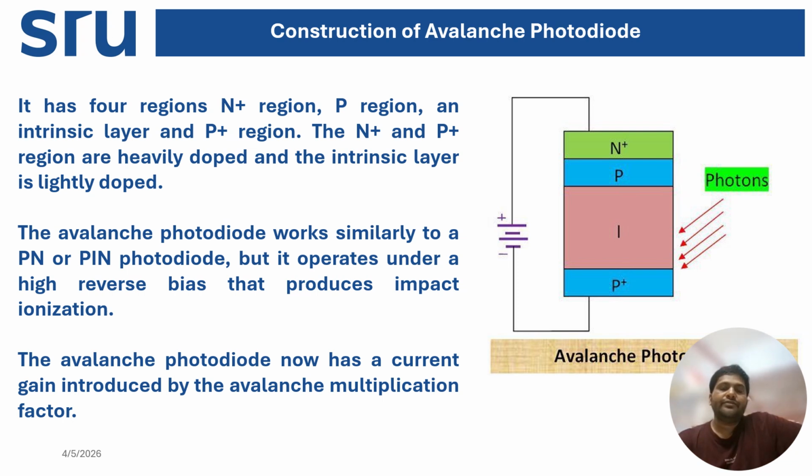So it has four regions: N plus region, P region, intrinsic layer and P plus region. The N plus and P plus regions are heavily doped and the intrinsic layer region is lightly doped.